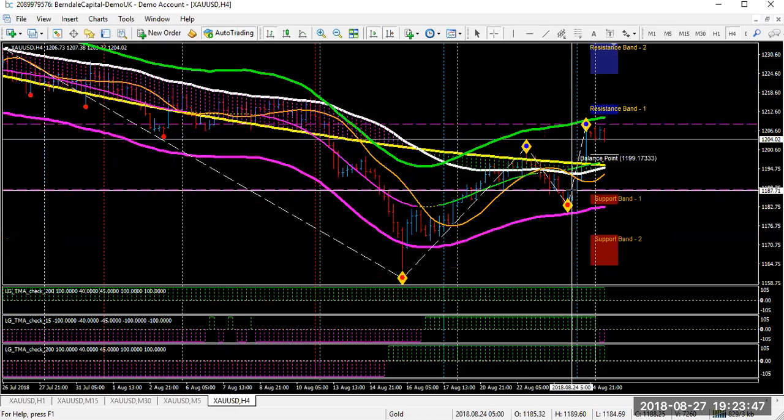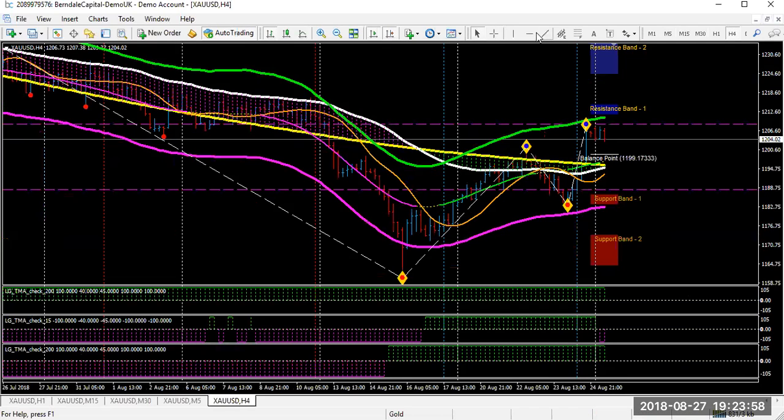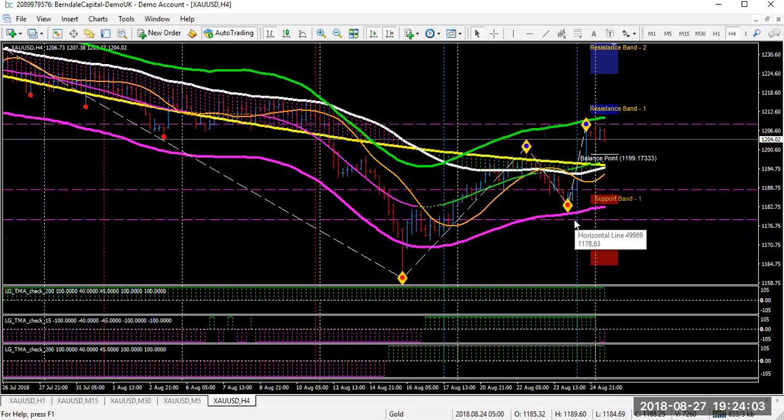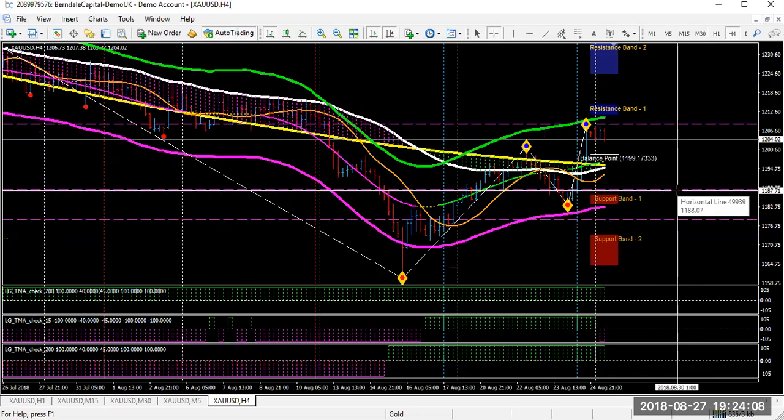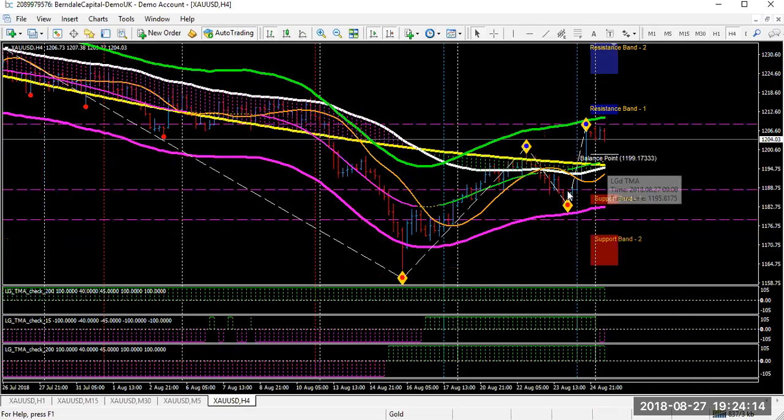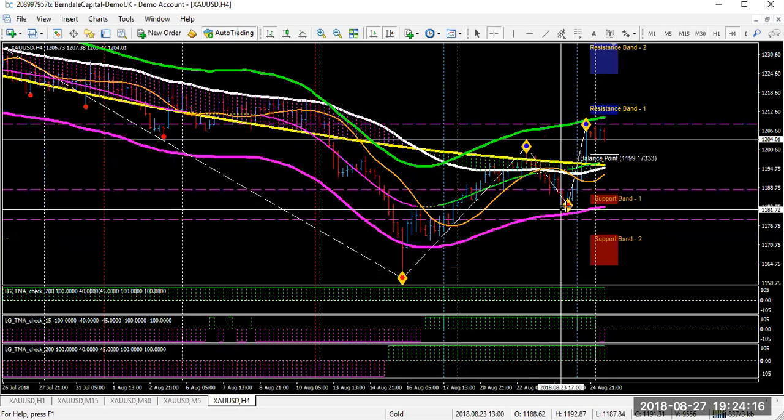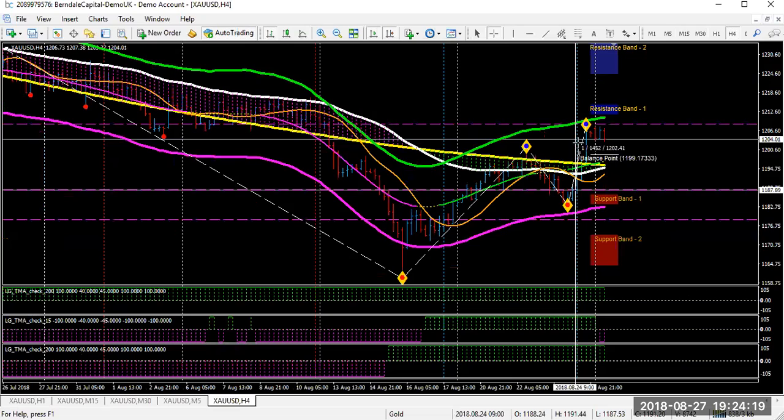Okay, so 4 hours is 90 pips. Okay, so 90 pips, HP 99, double that, 180.